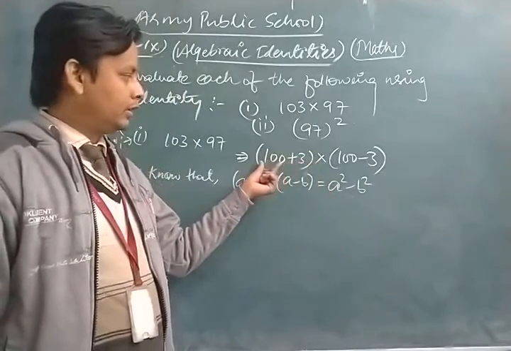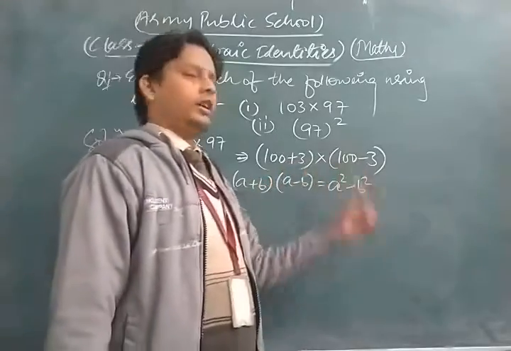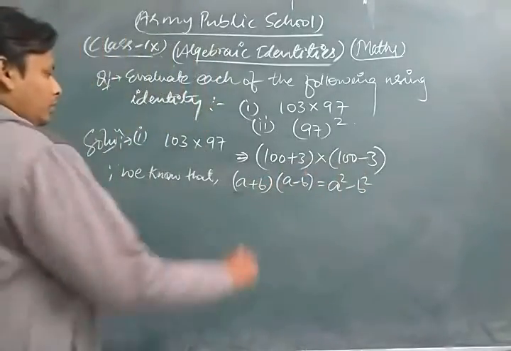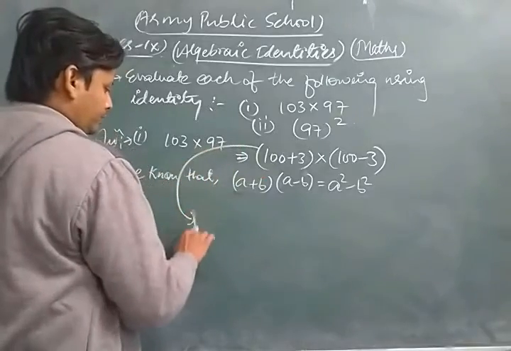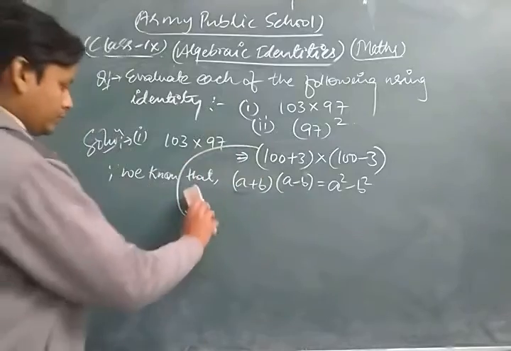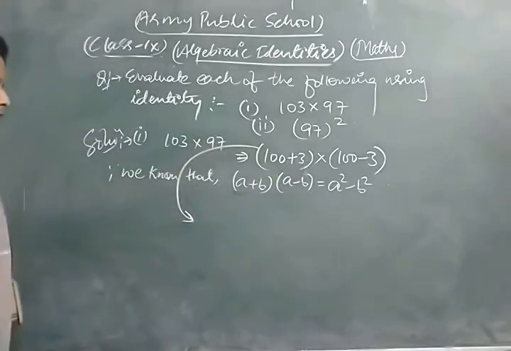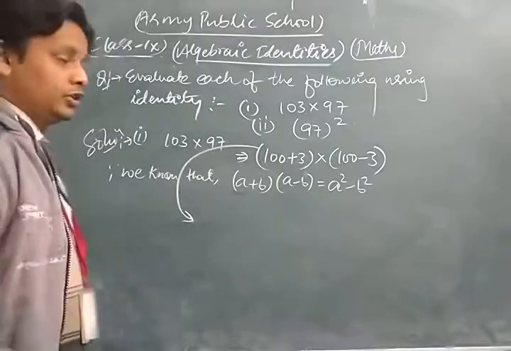So now look here, this is the form of a plus b into a minus b, so we can write a square minus b square.